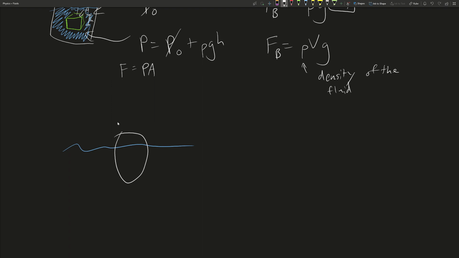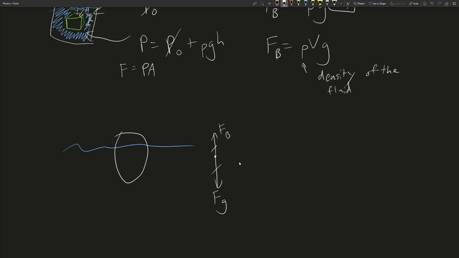It's not sinking downwards. Now we want to know, what is the proportion of the iceberg that's underwater? Well, we know that the buoyant force is equal to the weight of the iceberg. So if we draw a force diagram here, we have the weight of the iceberg is equal to the buoyant force on the iceberg.